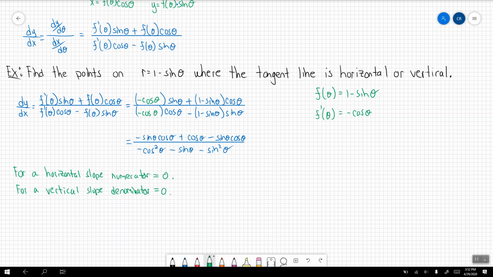So we now have this slope that we need to decompose. The numerator must be equal to 0 in order for me to find this horizontal slope that I'm going to be looking for, and the denominator needs to be 0 when I'm looking for this undefined slope.